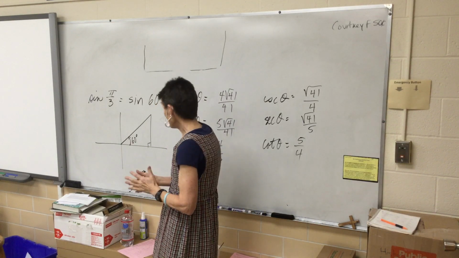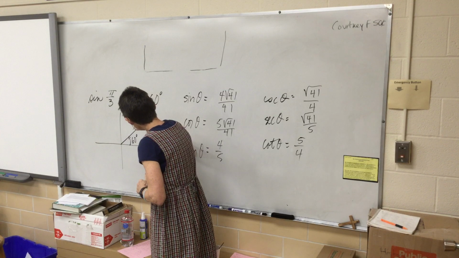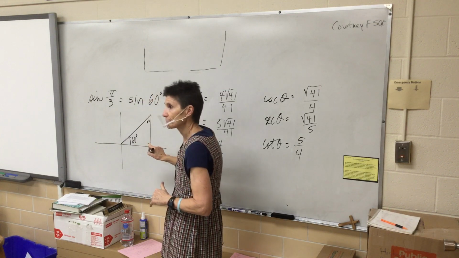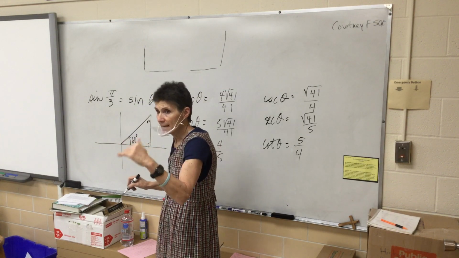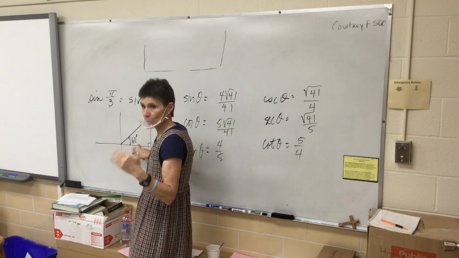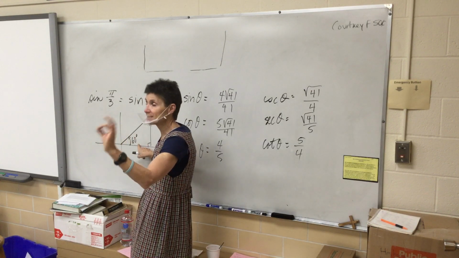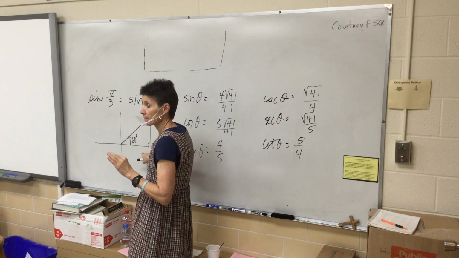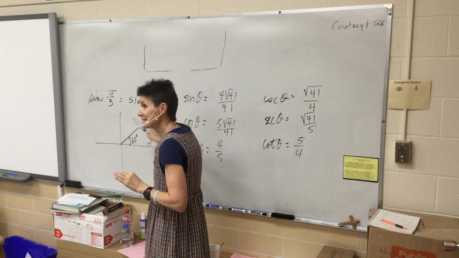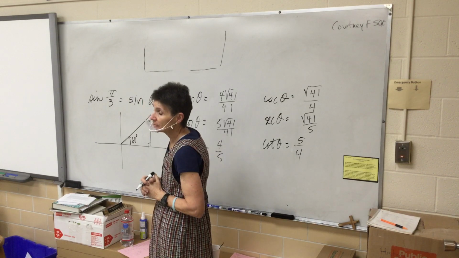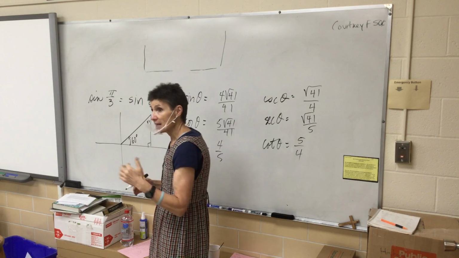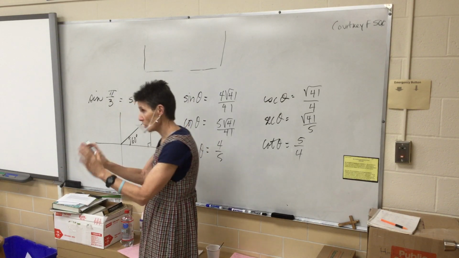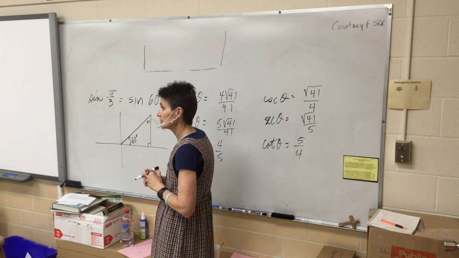Now, obviously, this is a 30-60-90 triangle, right? The important angle is always the one at the origin, the one vertexed at the origin. That's your 60. In a 30-60-90 triangle, I know the sides are in that special relationship that's on your memorization sheet.